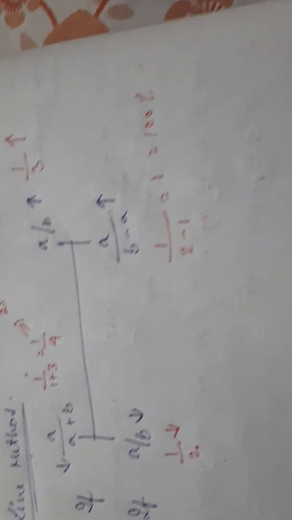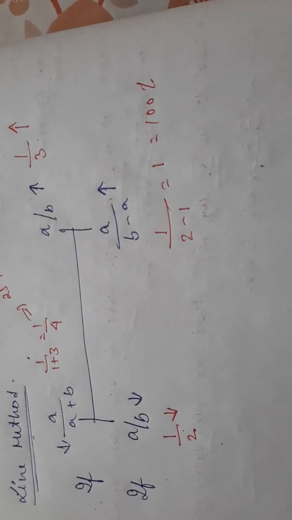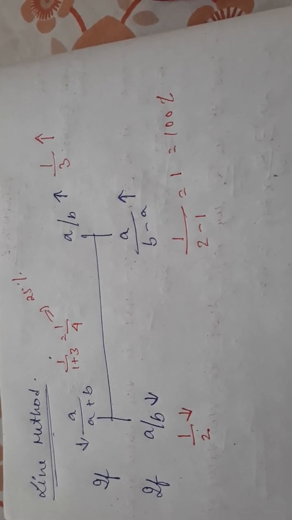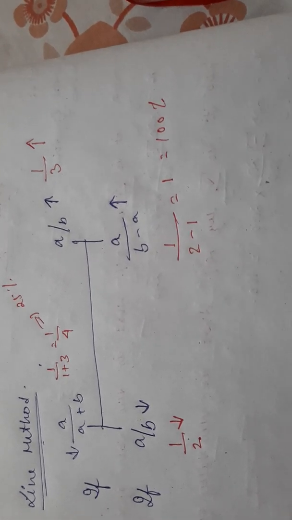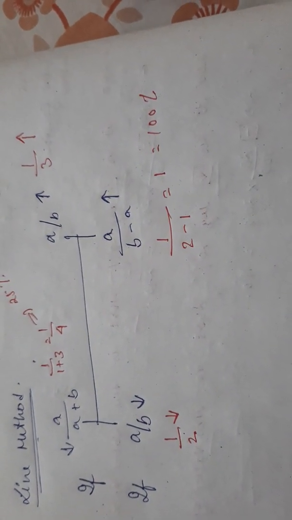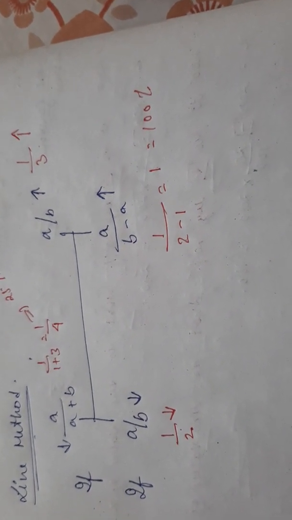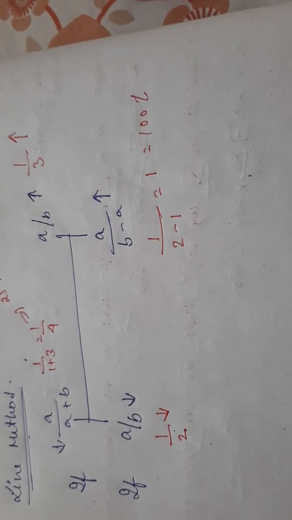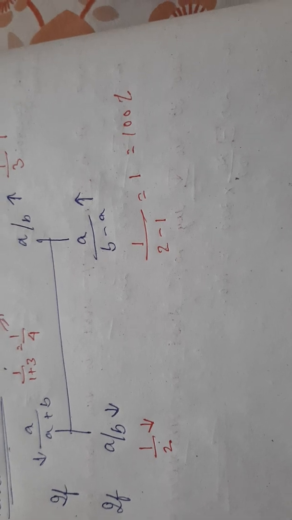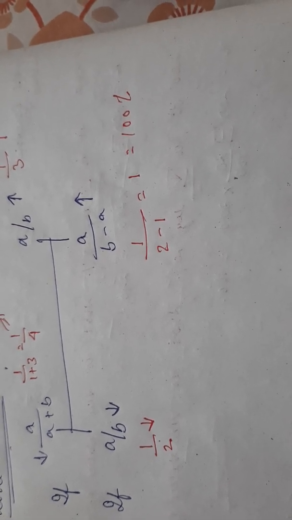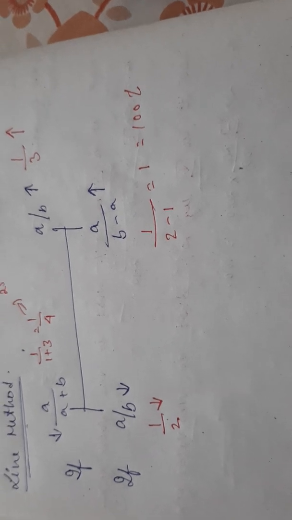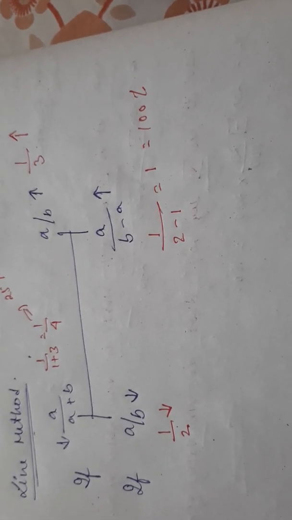If something is kept constant and something is getting increased, and we ask what percentage will be decreased, we will use A by A plus B. If something is getting decreased, and we ask what percentage it will increase if this is kept constant, then we will use A by B minus A. Through this line method you can solve many questions.